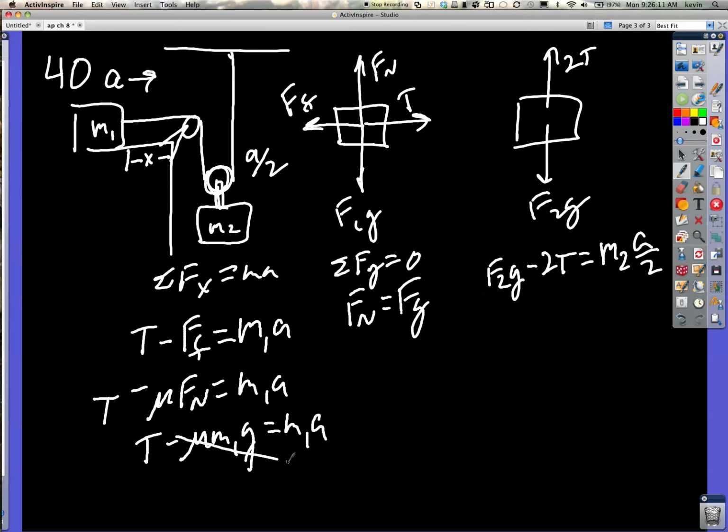And I can move this over to get M1A plus mu M1g is equal to T. Over here, I can solve for T and say T is equal to M2g over 2 minus M2A over 4.